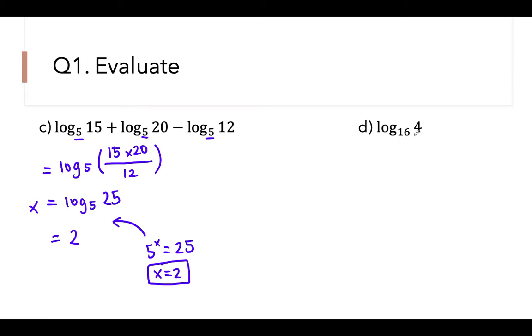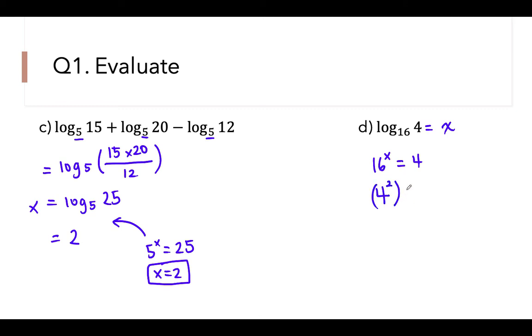Next, we don't have any operation, and we have to evaluate it. So assuming that this is x, 16 to the power of x is equal to 4. But there's no way for 16 to go into 4 directly, so let's make the same base. 16 could be converted into 4 squared.